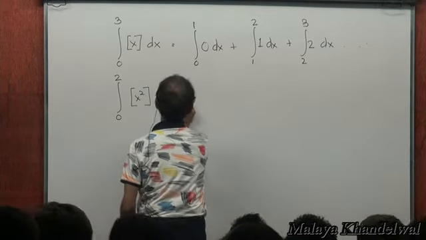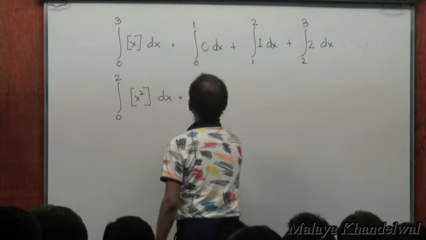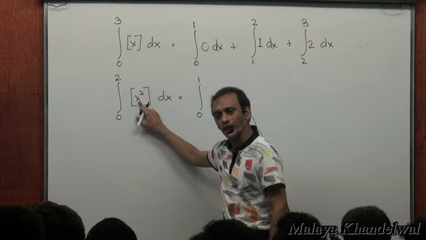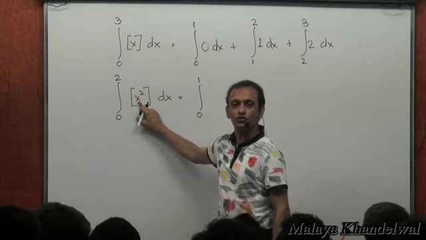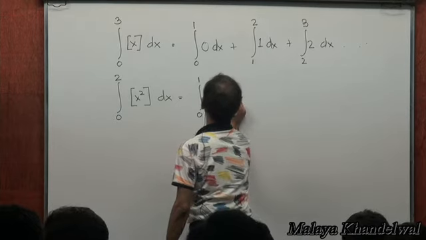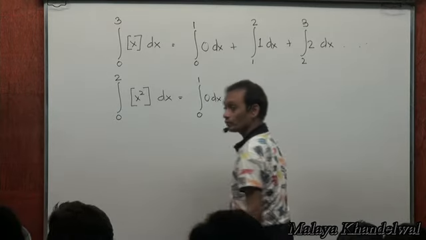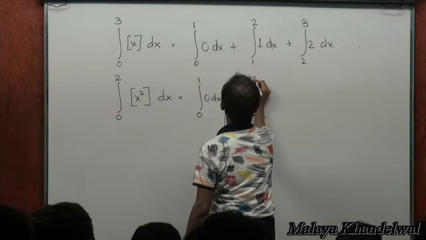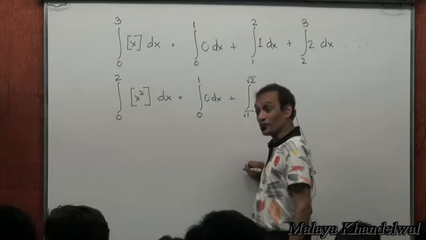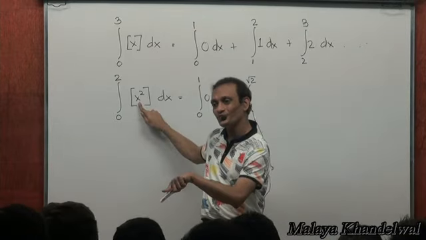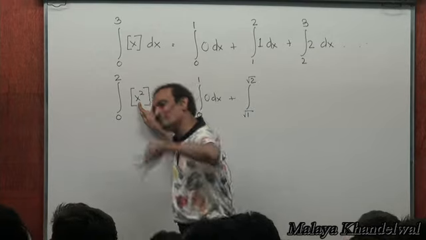What I do is, I write this as, when x runs from 0 to 1, x squared runs from 0 to 1, and box of x squared will be 0. Now, when x runs from root 1 to root 2, x squared runs from 1 to 2, box of x squared will be 1.